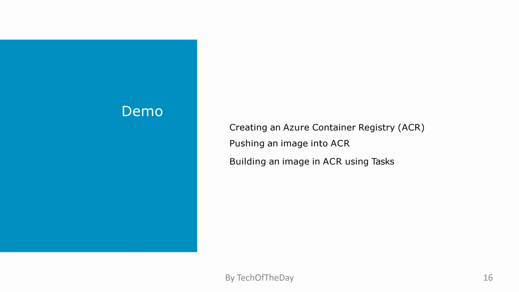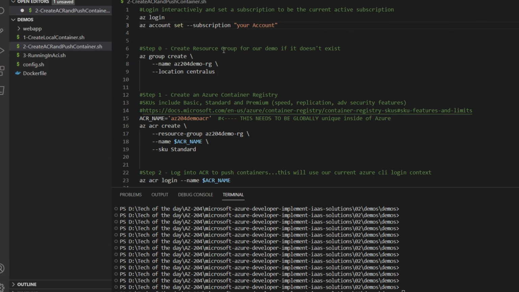All right, so let's go to Visual Studio Code and get started. I have already done the Azure login part, and I have already set the default subscription. Now let's create another resource group with az group create, with the name and location Central US.